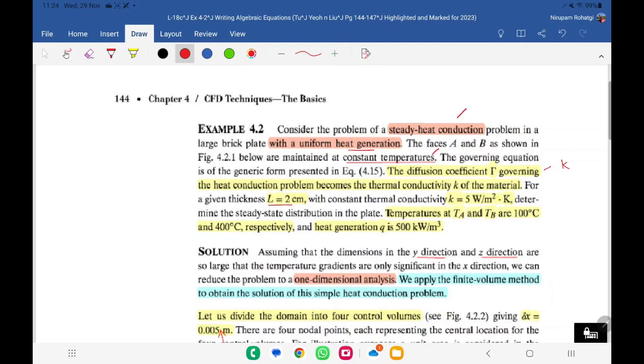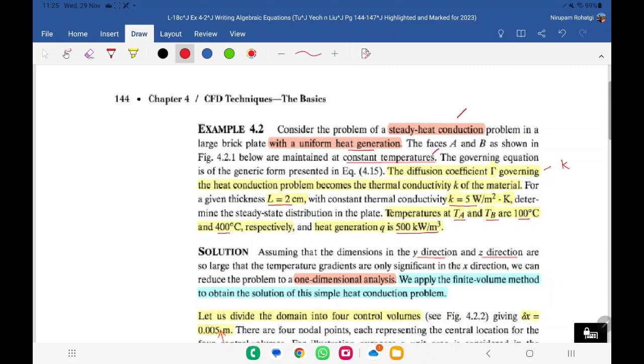So you have only one dimension where the variation is there. K is given to us. Temperatures of the left surface TA and right surface TB are 100 degree C and 400 degree C, and heat generation within is 500 kilowatt per meter cube.